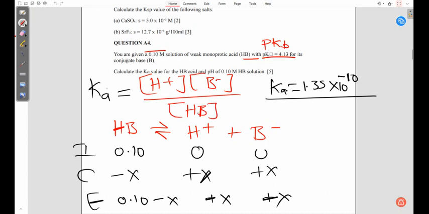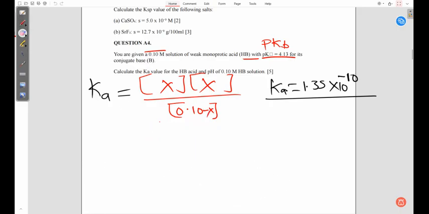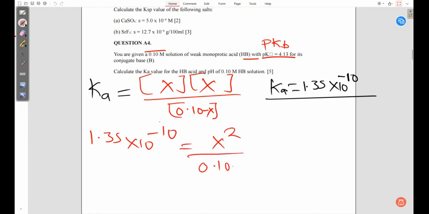All these are in aqueous state, so they qualify to appear in the expression. That would be x multiplied by x, over 0.10 minus x, also raised to the power 1. The K value is 1.35 times 10 to the power negative 10, which we had calculated. So that is x squared over 0.10 minus x.